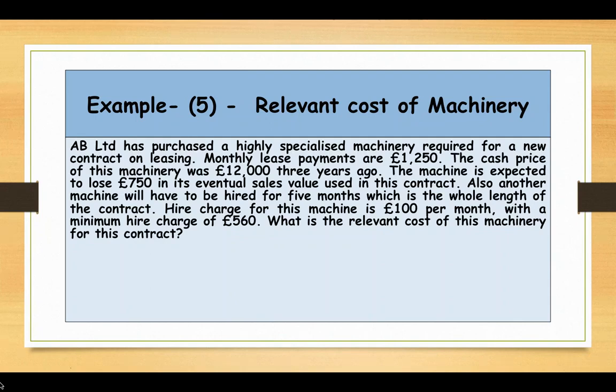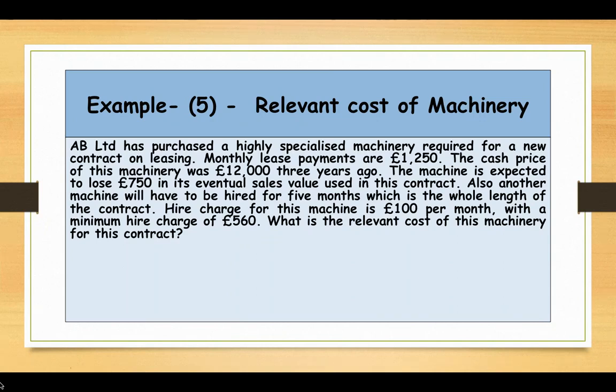The machine is expected to lose £750 in its eventual sales value used in this contract. So this is the opportunity cost, the value lost. If you remember in our previous example, the company lost £1,250 of its scrap value by using the machinery on that particular contract.